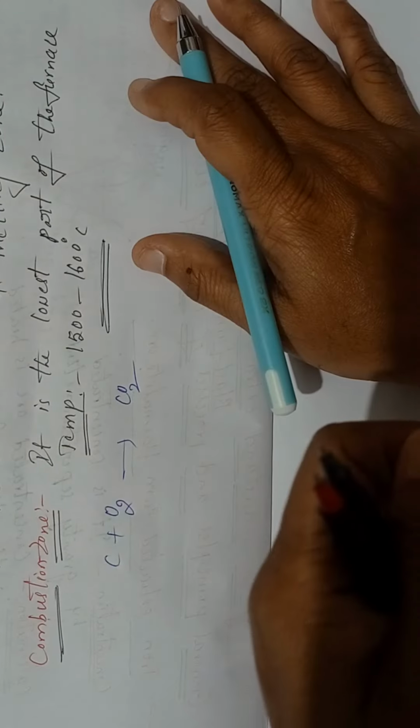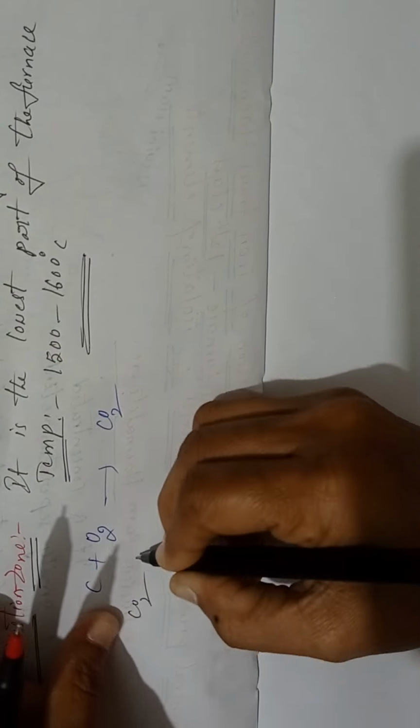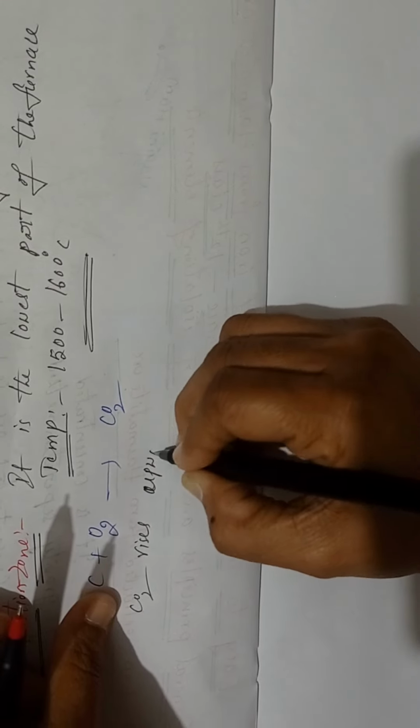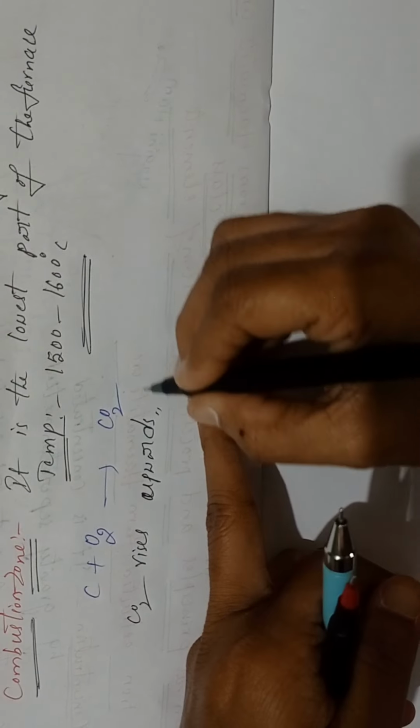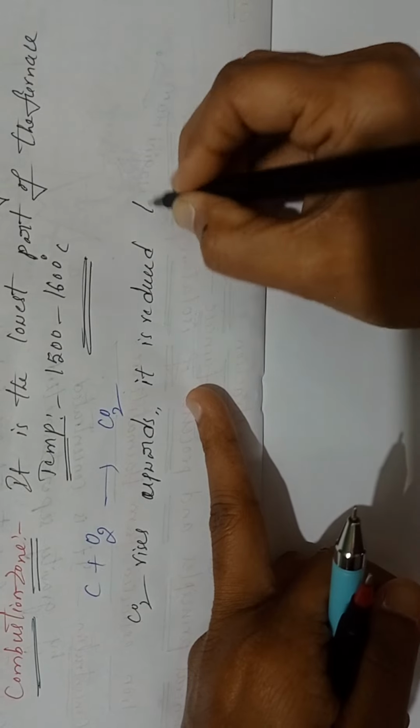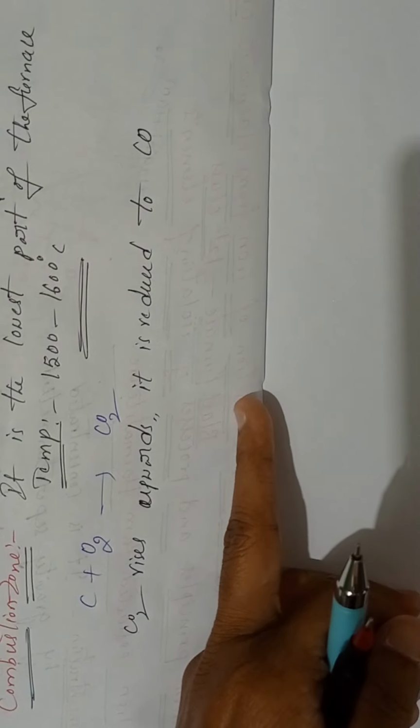Are you clear? That's why they write that sentence, students: CO2, carbon dioxide, rises upwards. What will happen, students? When it rises upwards, it is reduced to CO, carbon monoxide.